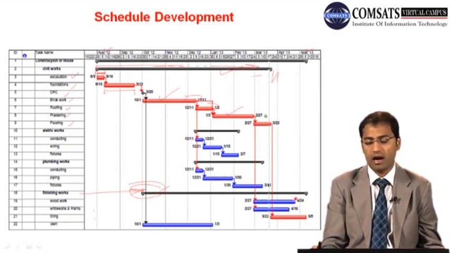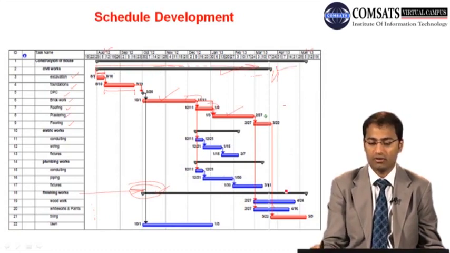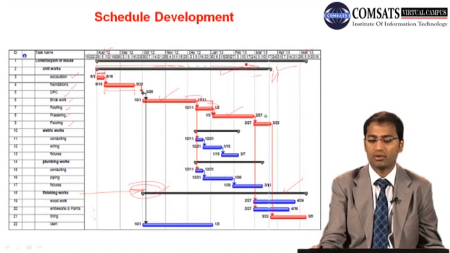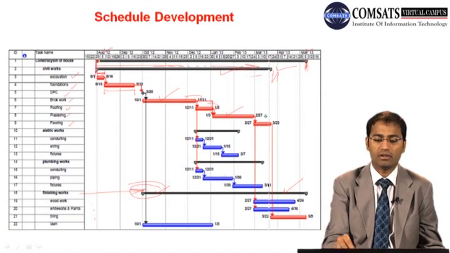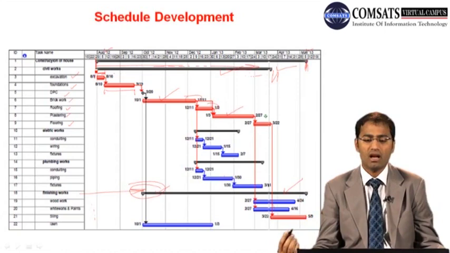So this is the summary bar of all these bars. Now this is civil works, summary bar, and this is for finishing works, and over there we can have the total construction. So project duration may be of that much. So this Gantt chart is used for very good schedule development.